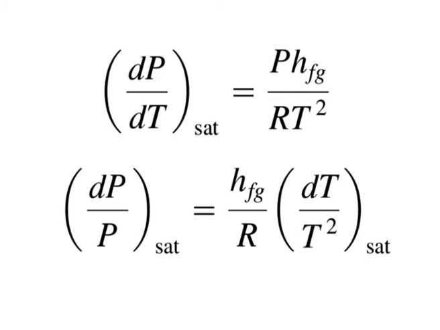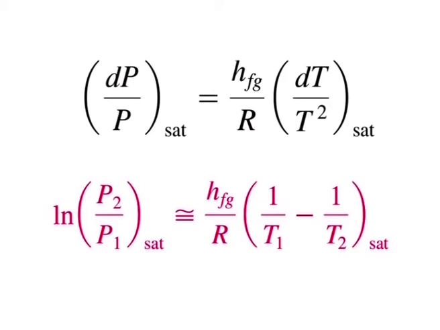For small temperature intervals Hfg can be treated as a constant at some average value. Then integrating this equation between two saturation states yields natural log of P2/P1 at saturation is approximately equal to Hfg/R times (1/T1 minus 1/T2) at saturation.